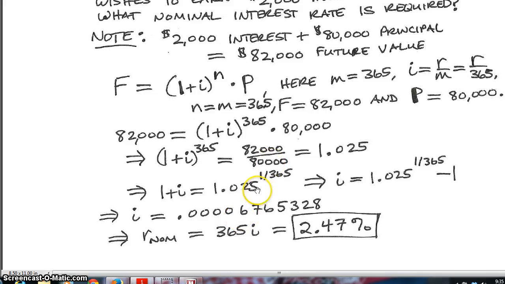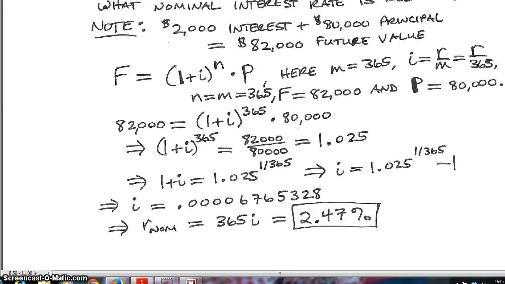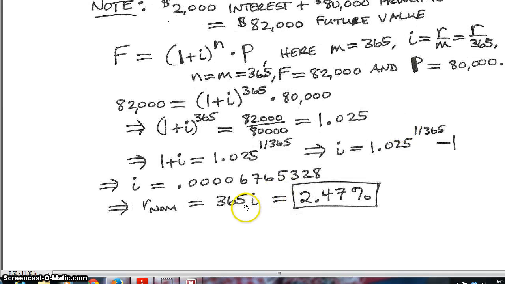So you need to understand how to recognize this scientific notation if your calculator does that. Then remember, you have to multiply by 365. This is the daily rate. So multiply that by 365, and it's 2.47%.